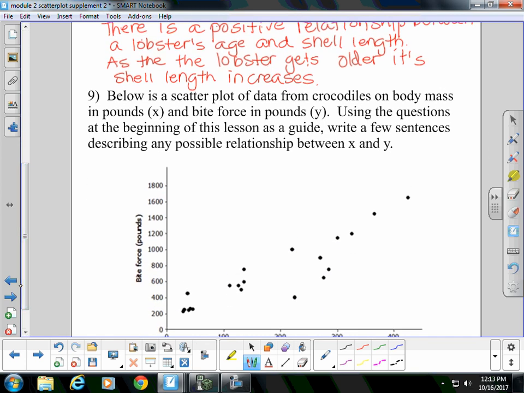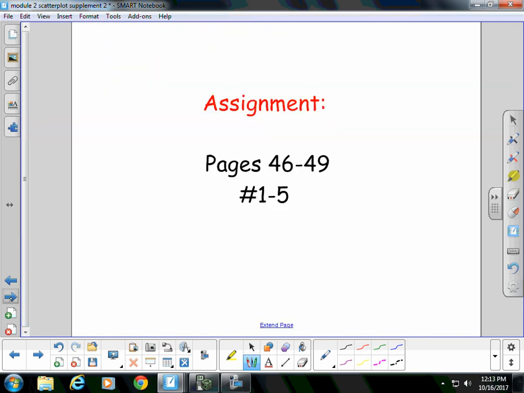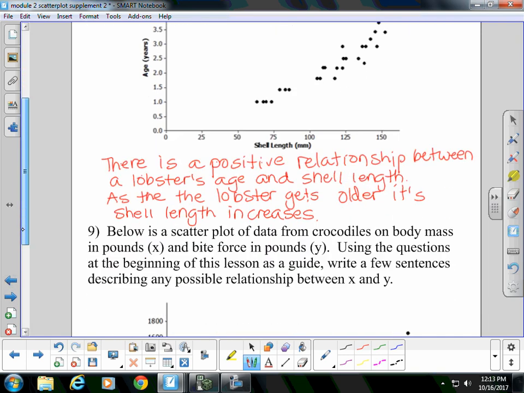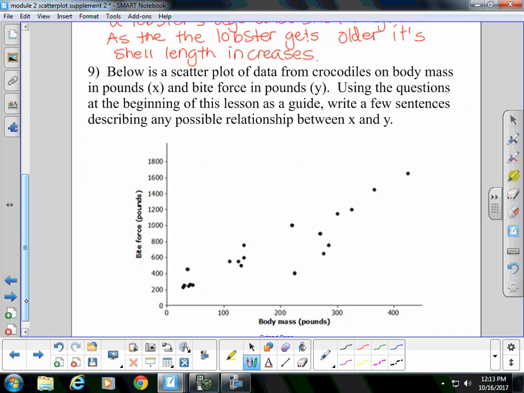Okay, last one, I think, maybe? Yep. Below is a scatter plot of data from crocodiles on body mass, that's how big they are, and bite force. Using the questions at the beginning of the lesson as a guide, write a few sentences describing a possible relationship. Now this one not only looks positive, it looks linear.